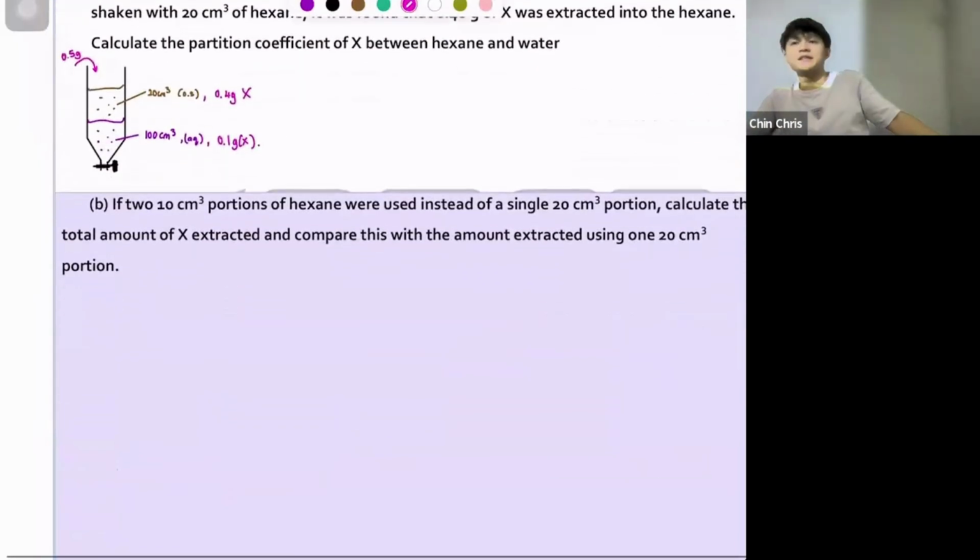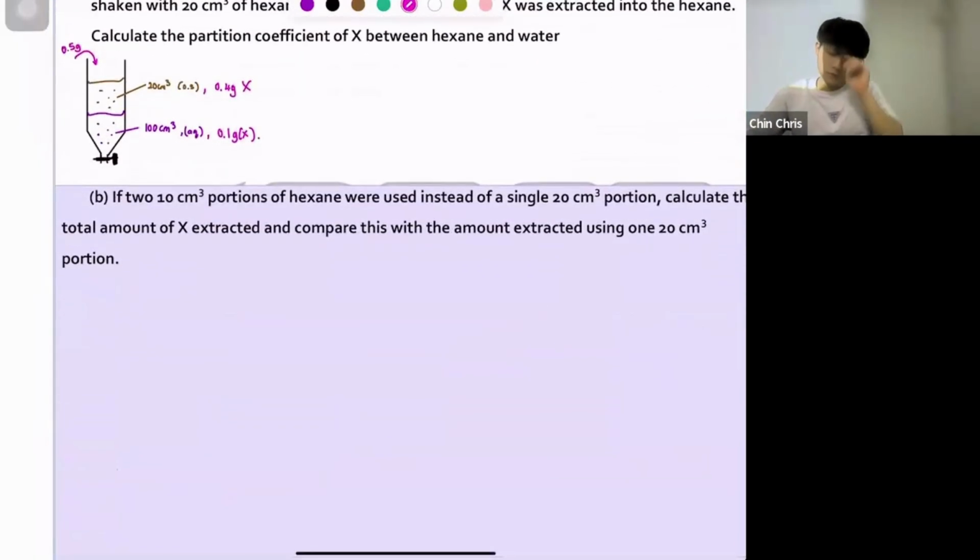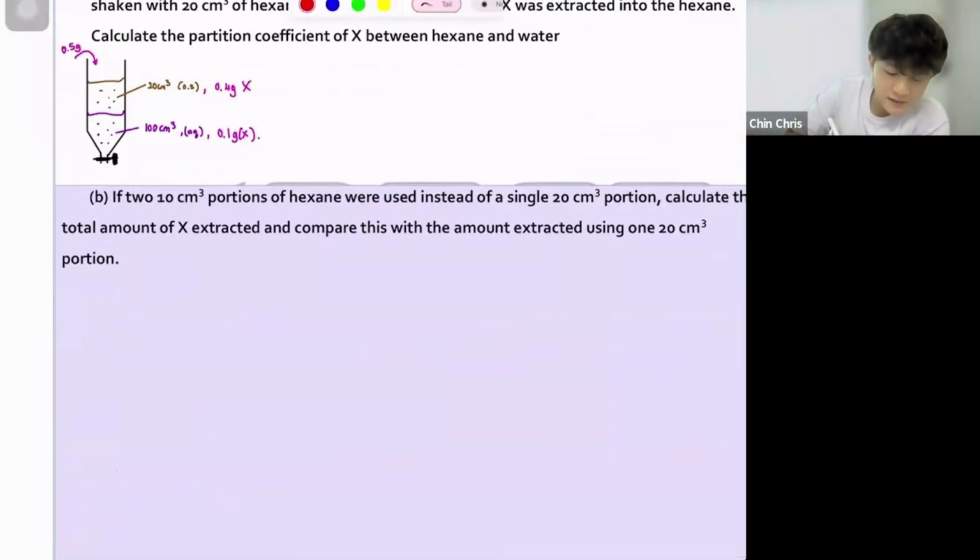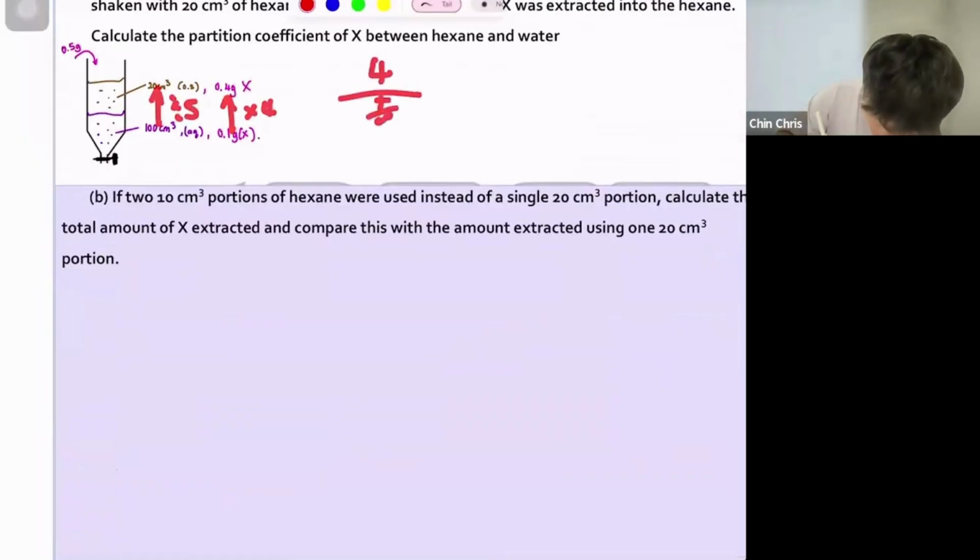Okay, 20 is your answer. So if you can do it fast, here multiply by 4, here divide by 5. So multiply by 4, divide by 1 over 5 is 20. That's how I do it.